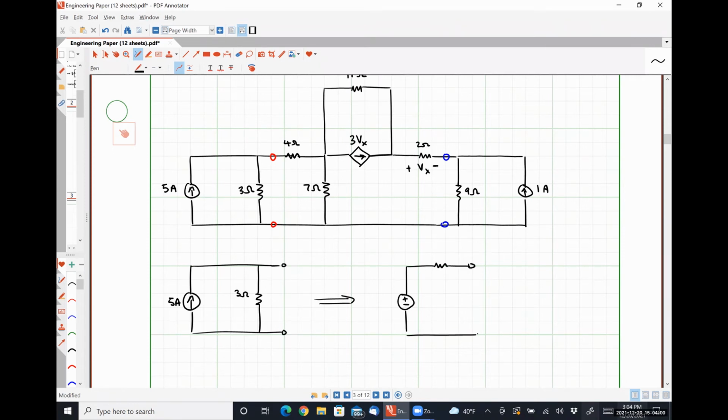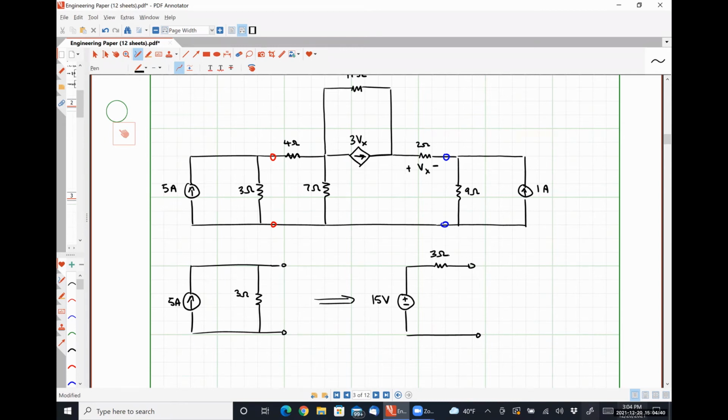I will get a voltage source in series with a resistor, right? So what should the value of the voltage source be, Abigail? Five amps times 3 ohms is 15 volts. What value should my resistor have? Exactly right, it just stays the same. So if it was a 3 ohm resistor, it stays a 3 ohm resistor.